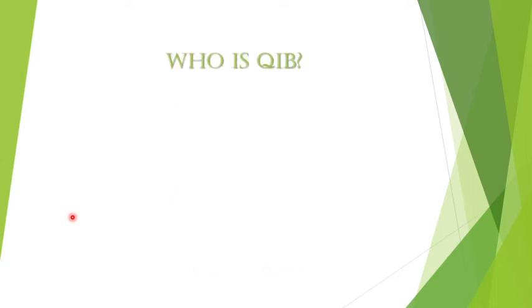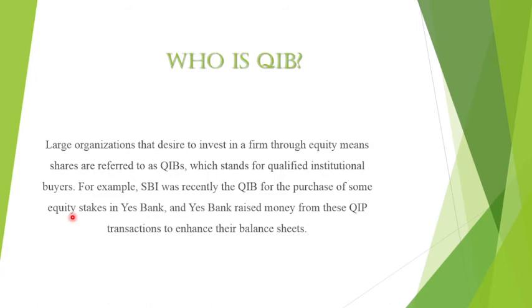The next part is about what is QIB. QIB is a large organization which desires to invest in a firm through equity, that means shares, issued as QIPs, and QIB stands for qualified institutional buyers.